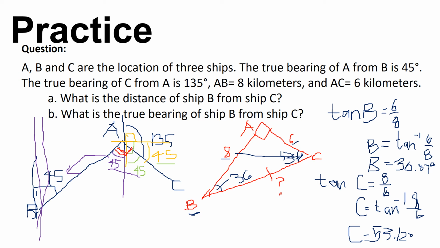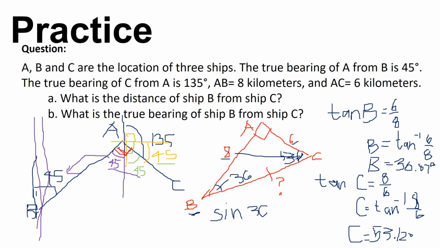You can use either sine or cosine to find the hypotenuse. Let's try sine. You can choose either sine 36 or sine 53, whichever you like. So let's try sine 36.